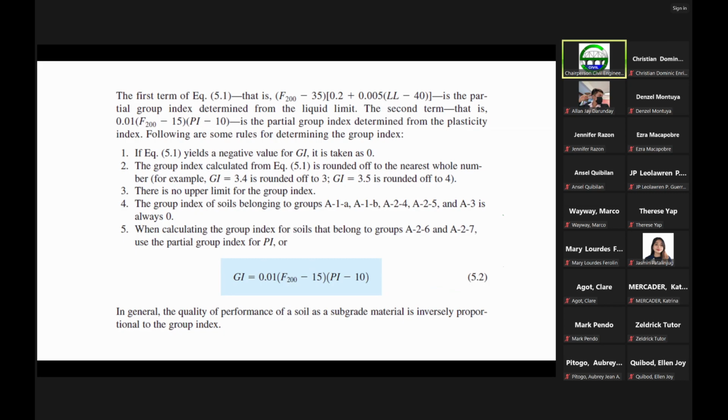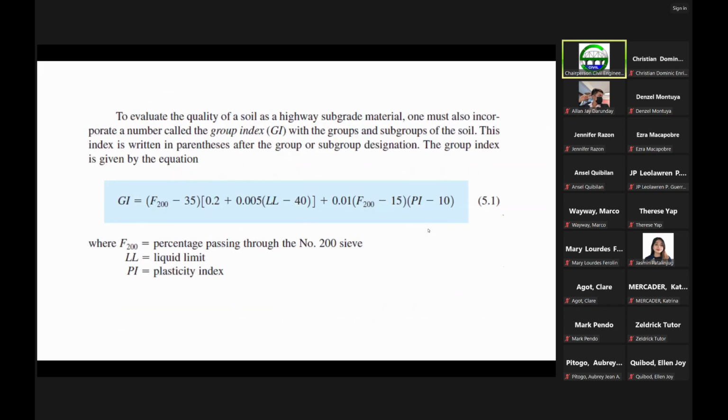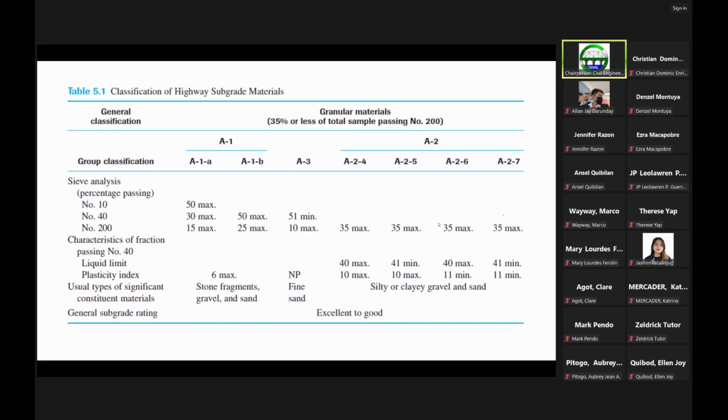Now, when calculating the group index for soils that belong to A-2-6 and A-2-7, this one here is excluded. So only these five, the GI is always 0.